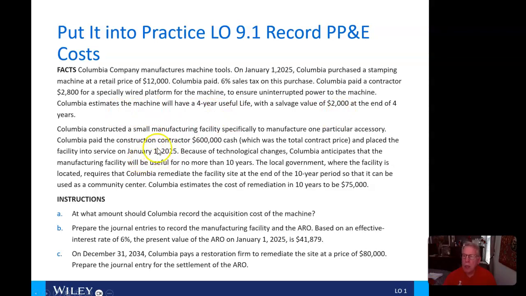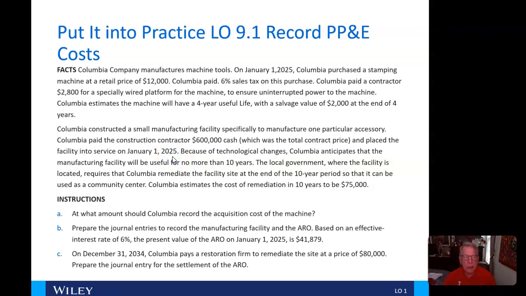Columbia constructed a small manufacturing facility specifically to manufacture one particular accessory. Columbia paid a construction contractor $600,000 cash, which was the total contract price, and placed the facility into service on January 1, 2025.